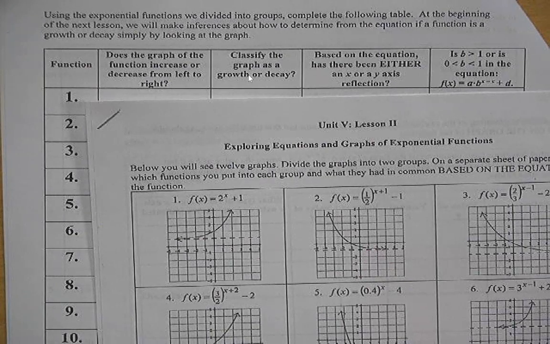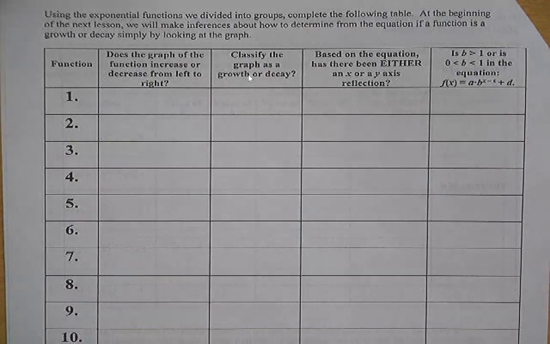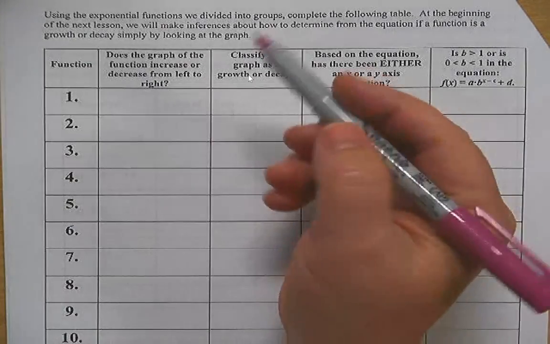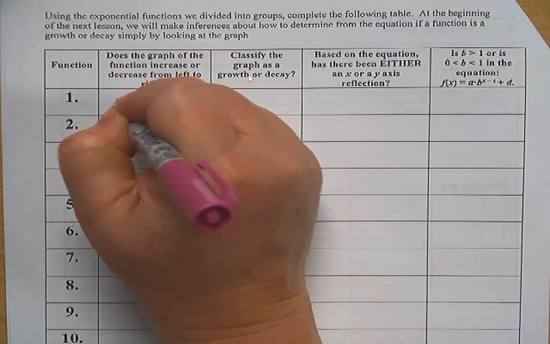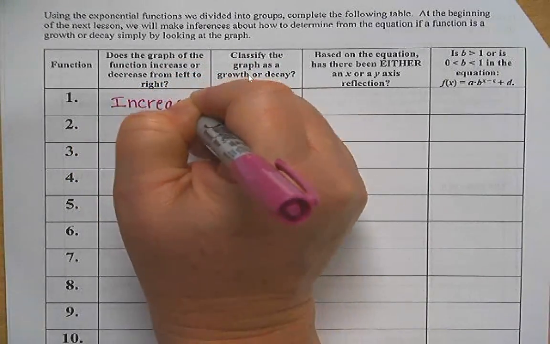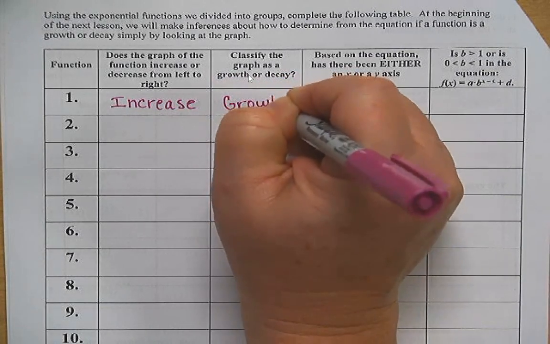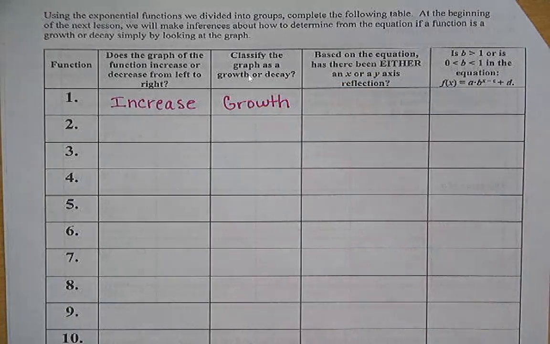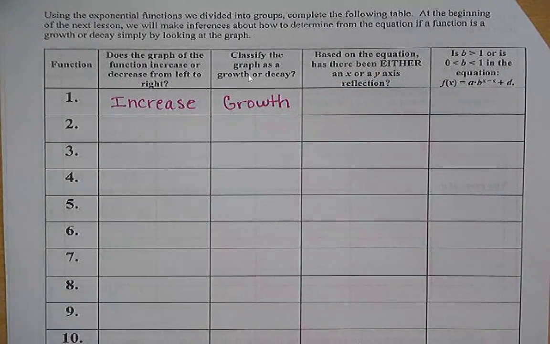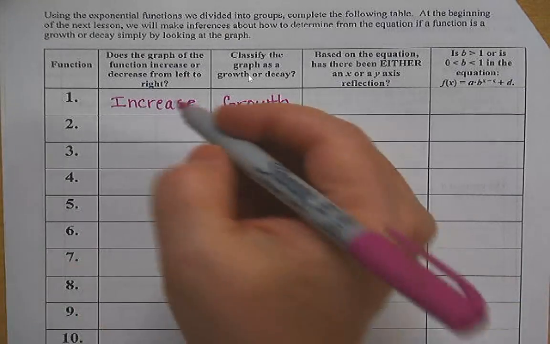So let's go through and take a look at all of these. So you will notice that, as we said, number 1 increases. So I'll put increase here, meaning it's a growth. Take a look at graph number 2. It's clearly decreasing, meaning it is a decay.